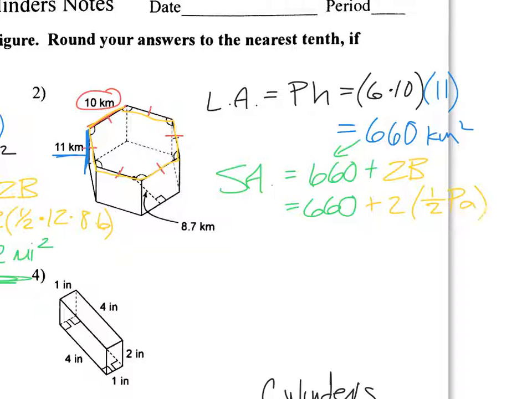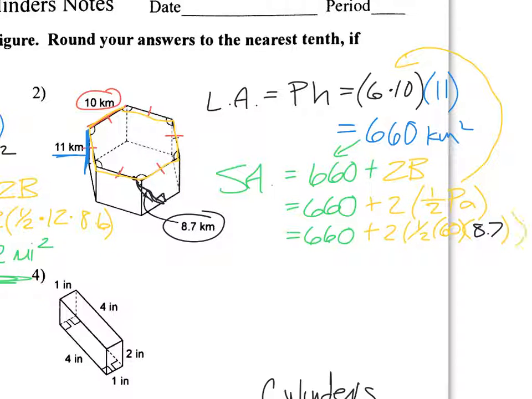We already found P. That was back up here, the same perimeter. So I have 660 plus 2 times 1/2, perimeter would be 60, times little a, which is the apothem. And remember, this is the apothem, the one that makes that right angle, which is 8.7.